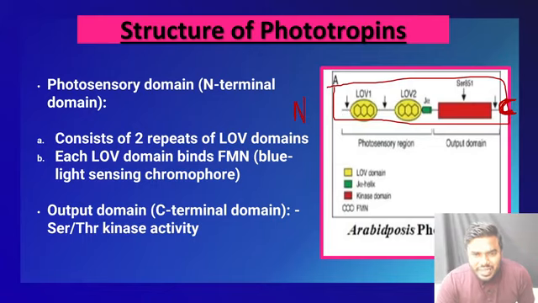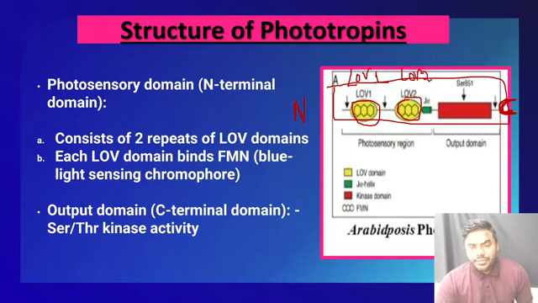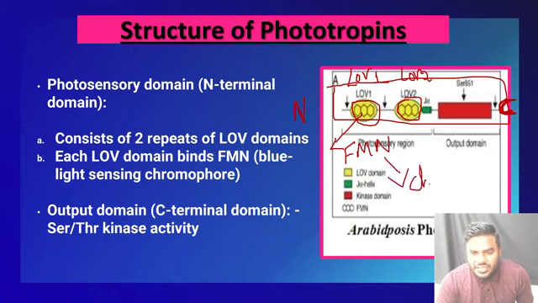Near the N-terminal domain, you can see here there are two chromophores. You can see now these two are chromophores. We call them the LOV domains: LOV1 domain, LOV2 domain. Inside the LOV domain, what is present, friends? Of course, FMN is present. What is the function of FMN?